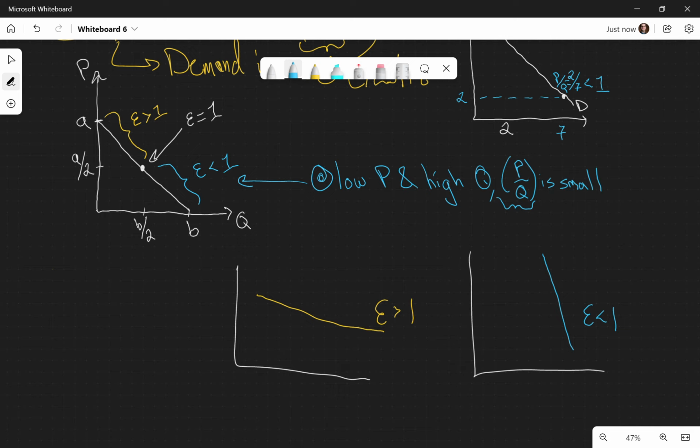The elasticity tells us about the responsiveness to prices, and so it gives us information about how total revenue is impacted by a price decrease or a price increase. We're going to do a specific section on that, and it should be clear in a second here.